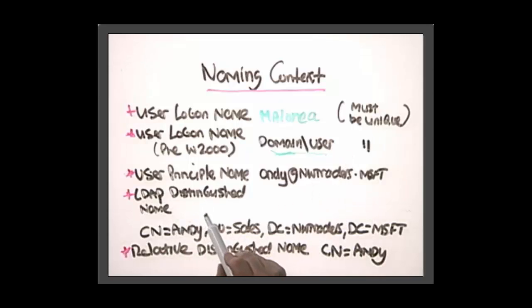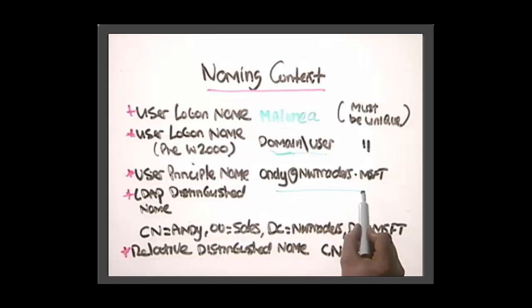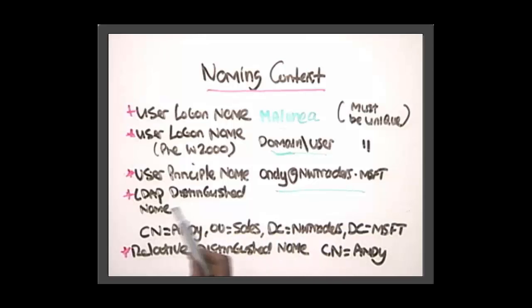Then we have something called a UPN, or user principal name, and you might recognize this as an email style address. Some may call it an SMTP style address, so andy@mycompany.com, for example. Of course, we also have an LDAP name, or LDN, or LDAP distinguished name. So as I mentioned earlier, we have a container or canonical name, Andy.